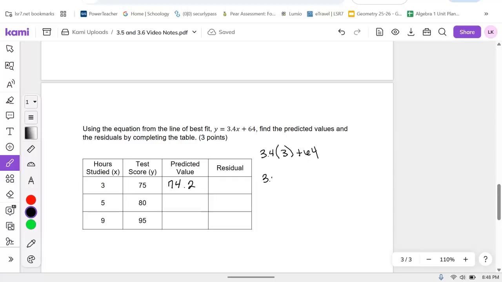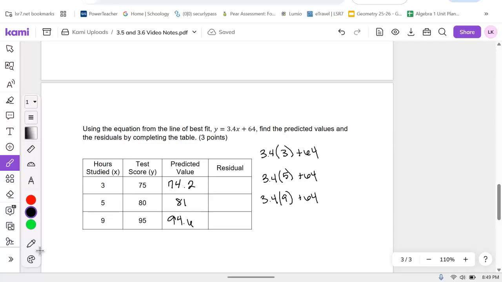Then I'm going to have 3.4 times 5 plus 64. 3.4 times 5 is 17, plus 64 is 81. And then 3.4 times 9 plus 64, so that would total 94.6.